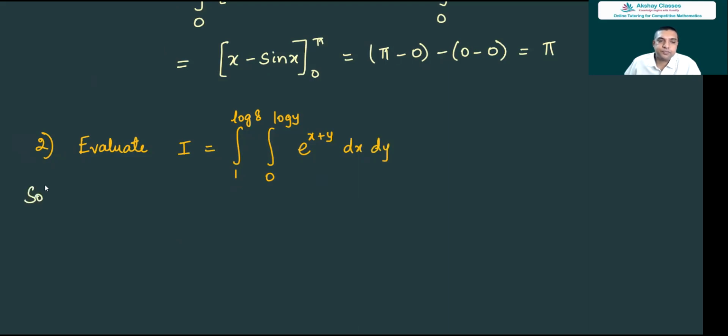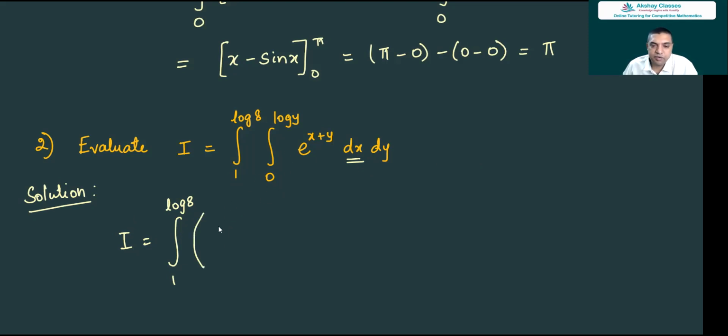So looking at the limits, the first limit is constant, the second limit is a function of y. That means x is a function of y. So first we'll have to integrate with respect to x. So generally the inner integral, the differential is written first. For the outer integral, the differential is written later. So that we have to keep in mind.